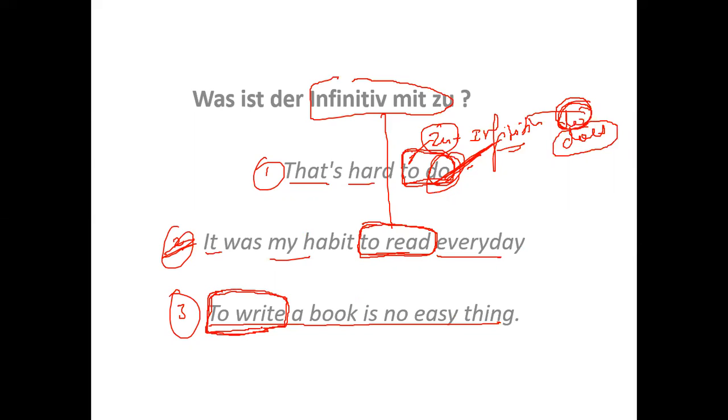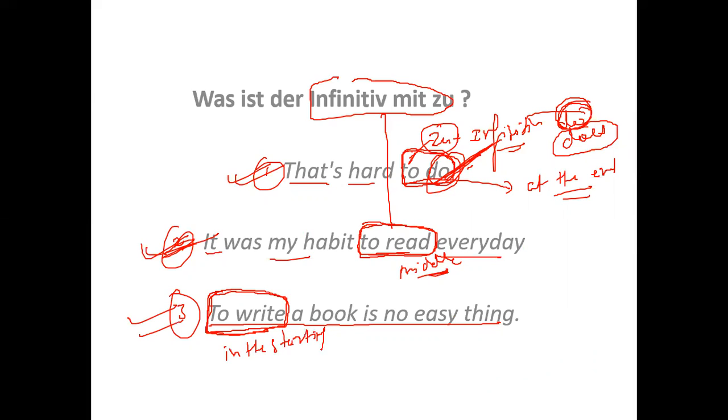Now, have you observed something? In sentence first, this zu plus infinitive was coming at the end. In second sentence, it was coming in the middle. And in third, it was coming in the beginning, in the starting. Now this was about English, right? It can come at the end, in the middle, or also in the starting.